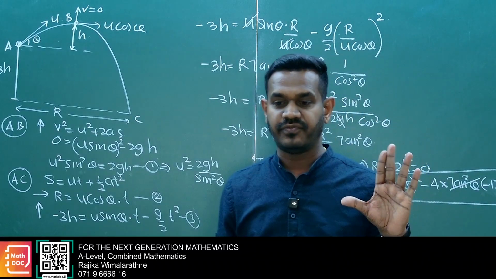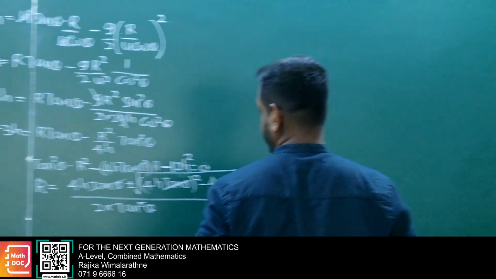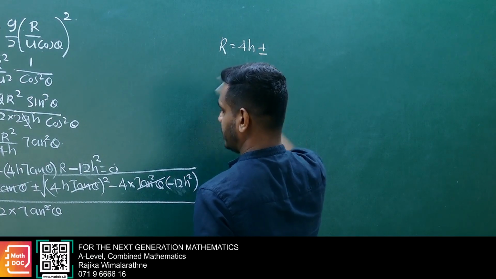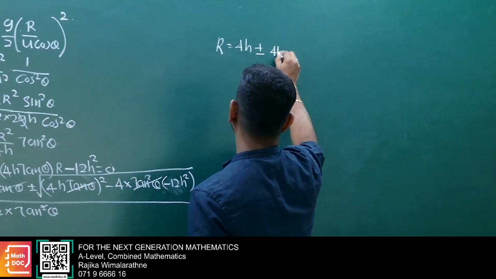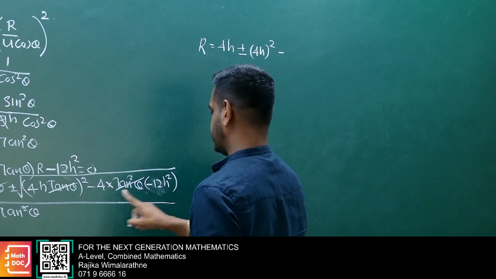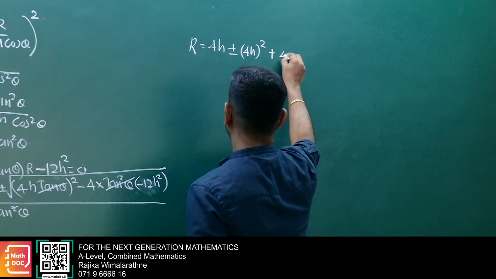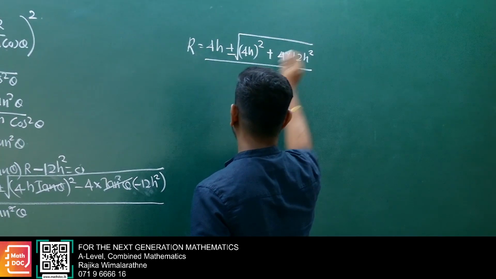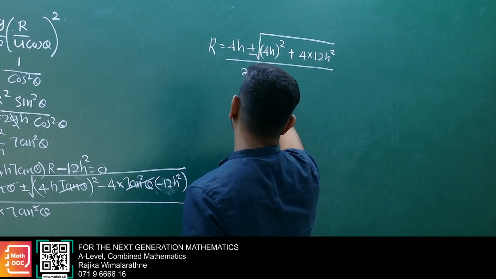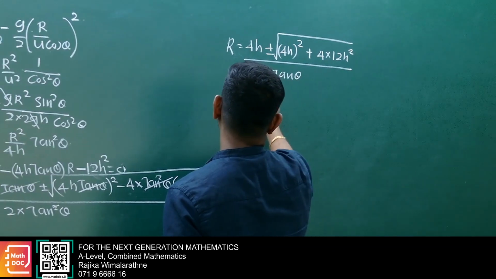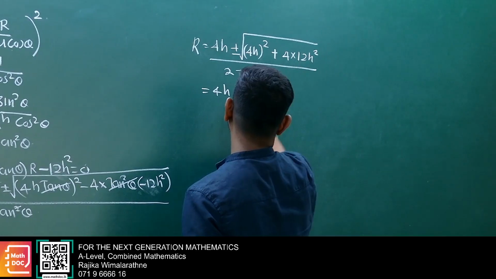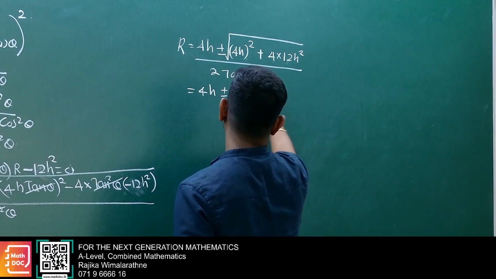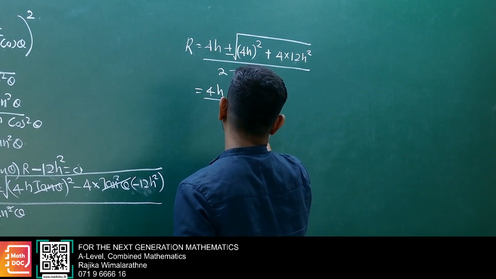Okay, let's first simplify. Now r equals 4h plus or minus the square root of 4h squared plus 4 times 12h squared, divided by 2 tan theta. Then 4h plus or minus, taking 4h outside, 1 plus 3 root, over 2 tan theta.